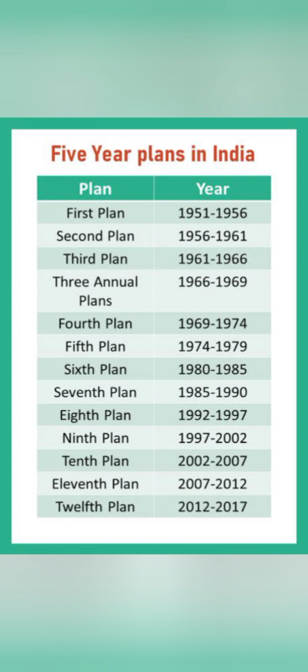Then, in the ninth plan of 1997 to 2002, which was conducted by Atal Bihari Vajpayee, the main focus was on unexplored economic potential of the country and to promote economic and social growth of the country.